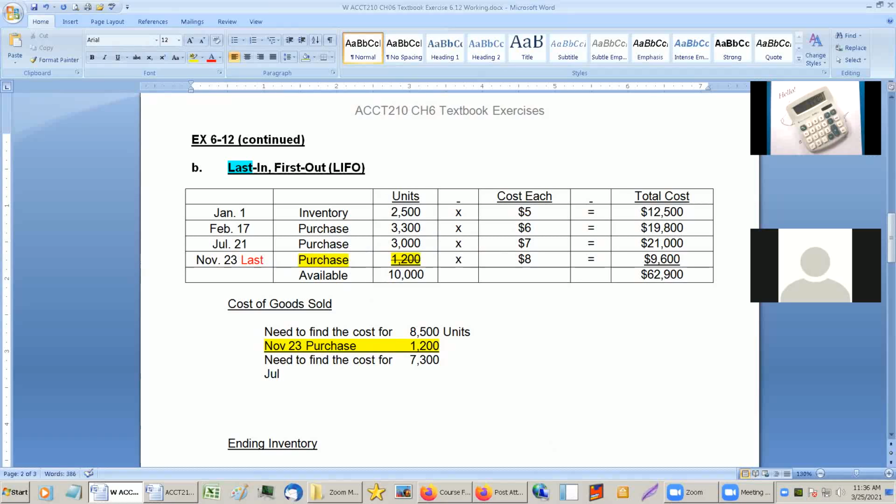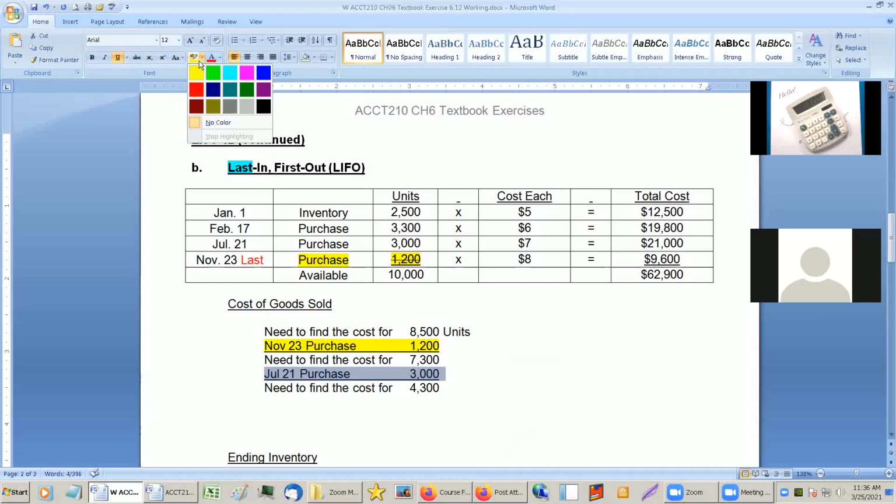Okay, July. $3,000. Those are gone. Those are never coming back.